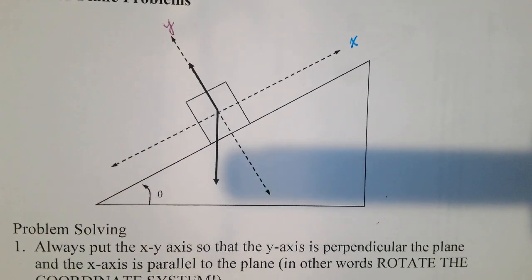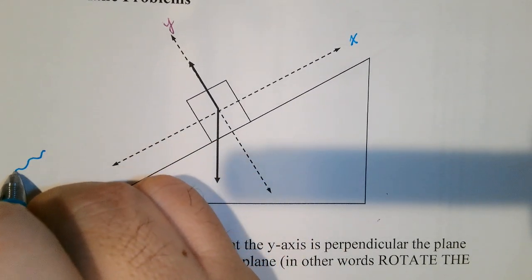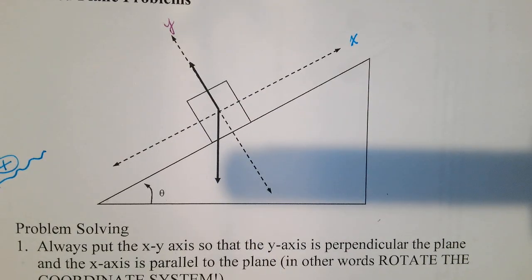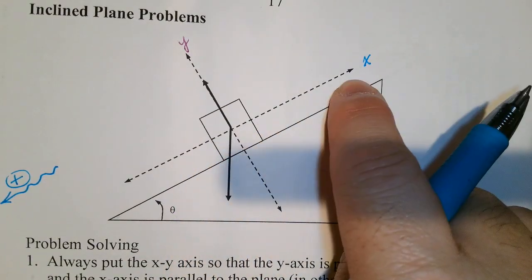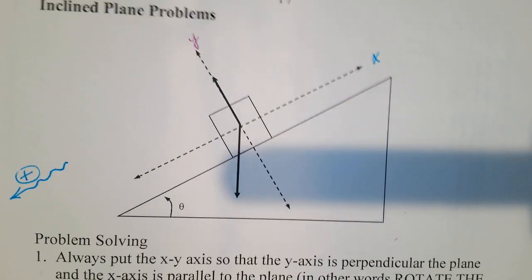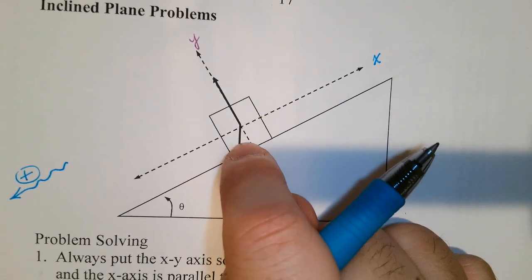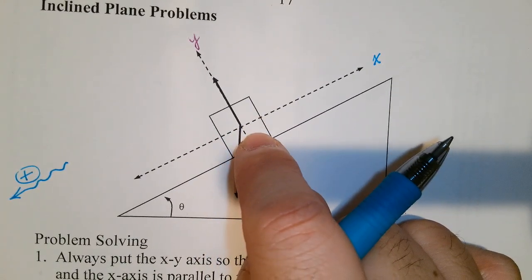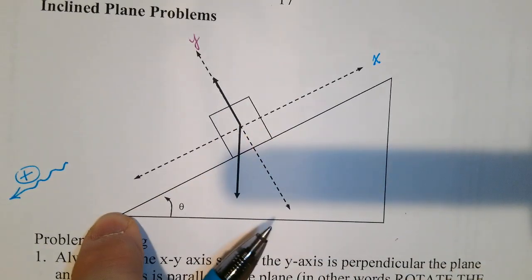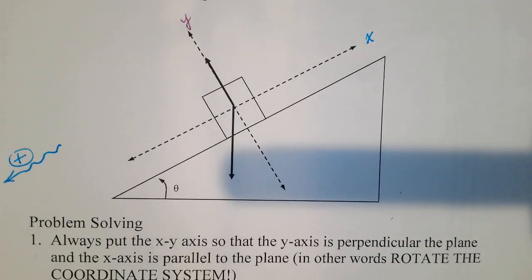So you can make this direction down the incline positive in this case. If you know that this thing is sliding up the incline, you can make going up the incline the positive direction. But if it's just standing still, or if it's right before release, or when it's released, most likely it's going to slide down the incline, so I'm going to consider that to be the positive direction.